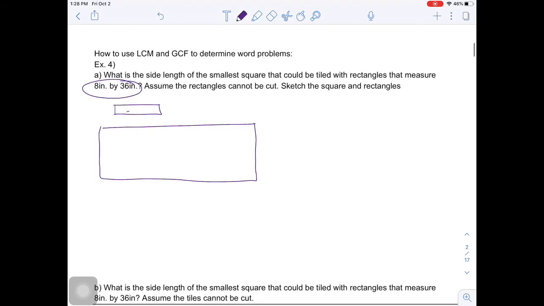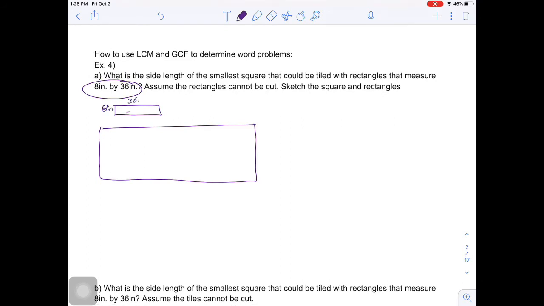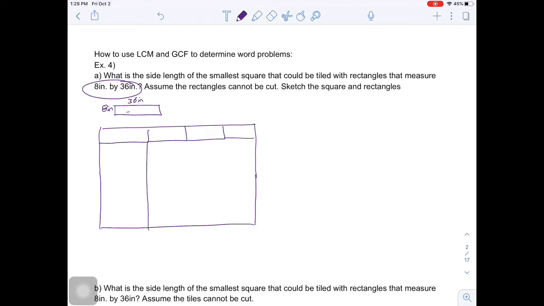Okay, so this side could be 8 inches, and this side's 36. What we're doing is we are trying to tile a square. Okay, so I should have drawn this shape a little bit more square-like. Okay, and remember, a square has equal sides. So it wants to know how many rectangular tiles it fits in order to make this square.